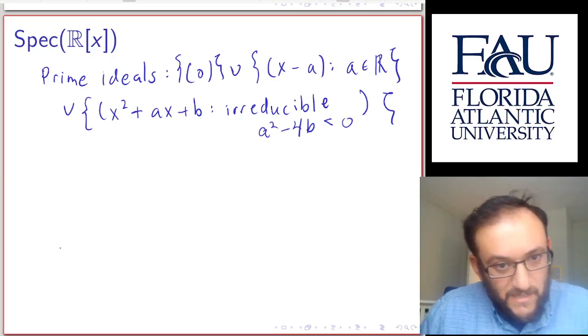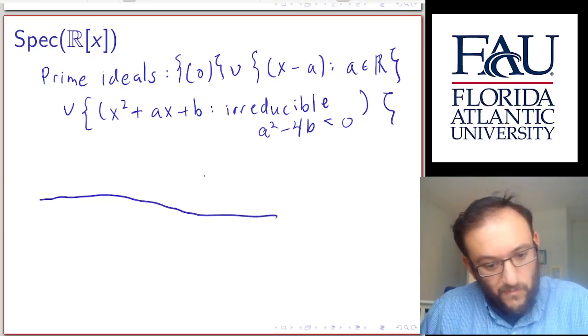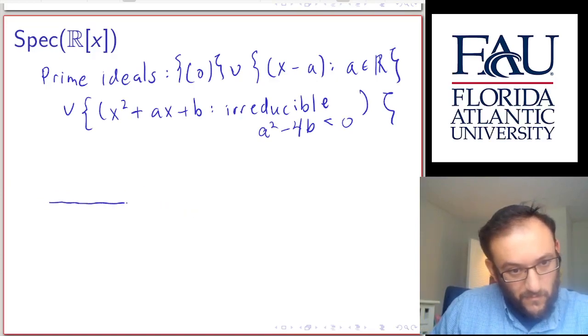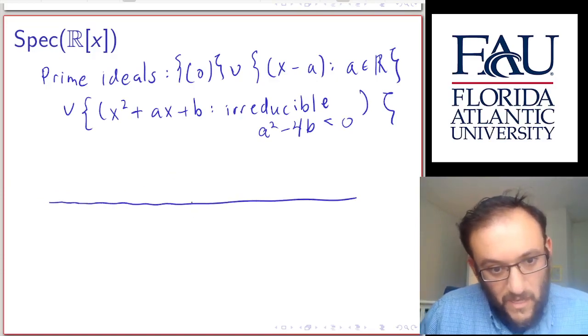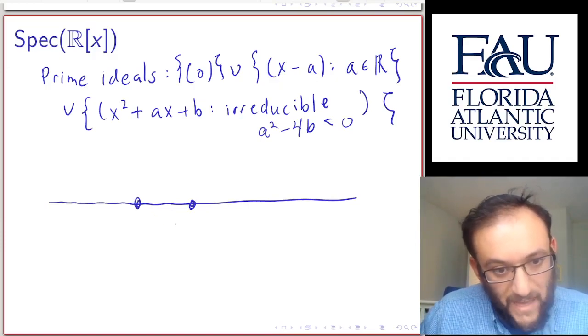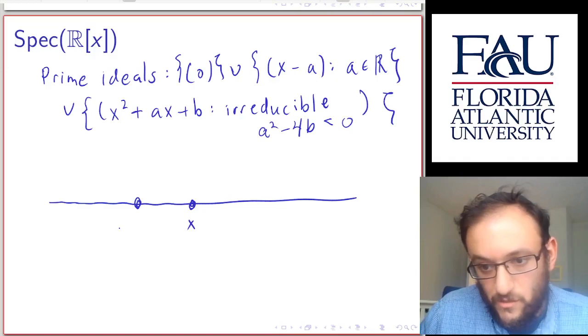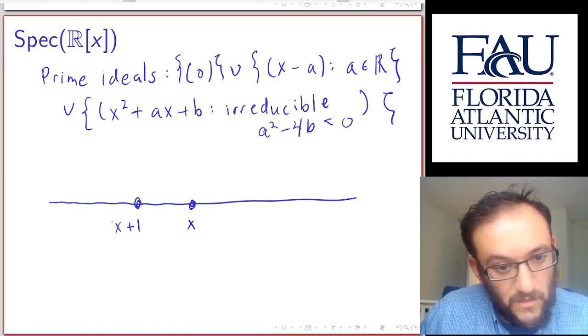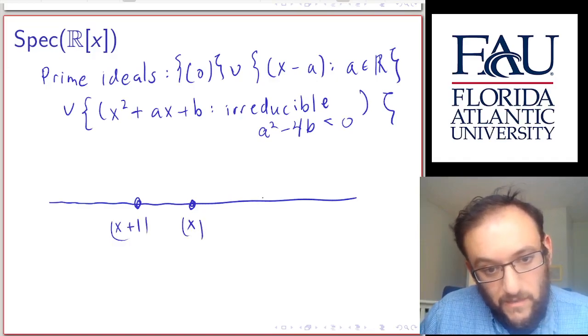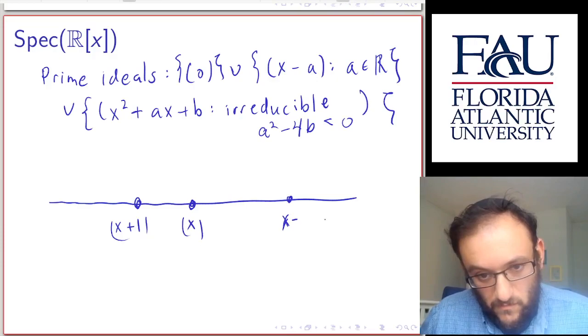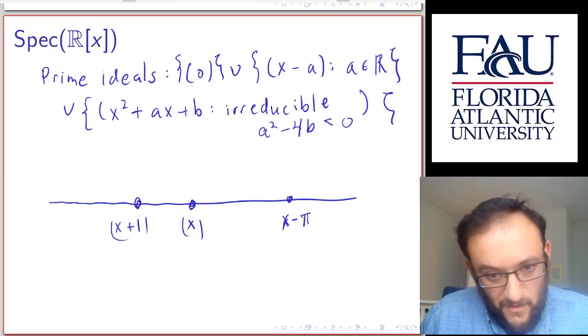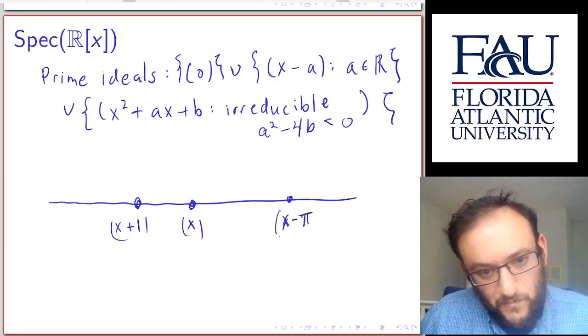So you could picture this as being kind of normal maximal ideals associated to real points. You have x plus 1, x minus 3.1, let's just make it pi, x minus pi.